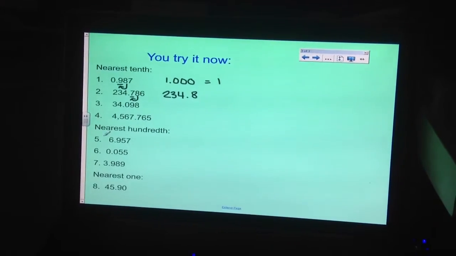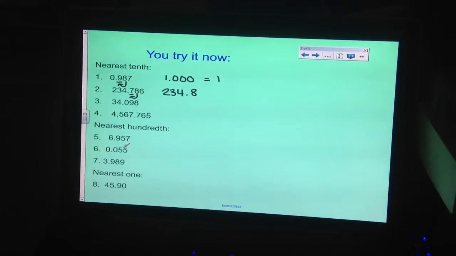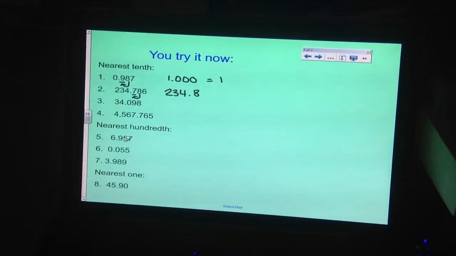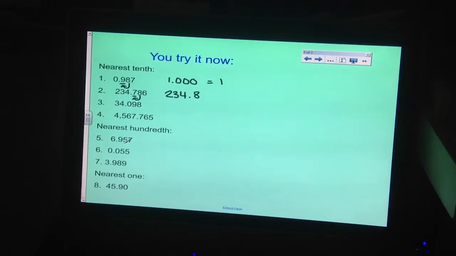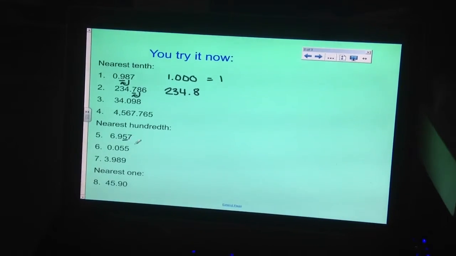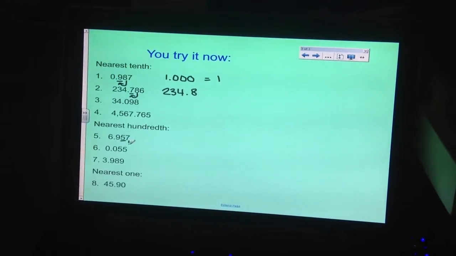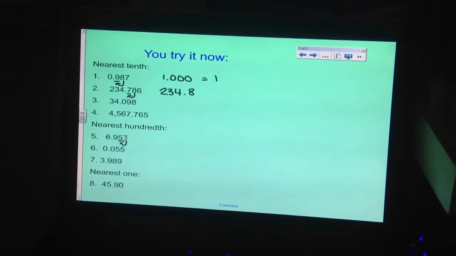Alright, let's look at some of these on nearest hundredth. How about this one right here. So nearest hundredth, I underline the hundredths place, and again I'll use the place behind it to tell me what to do.